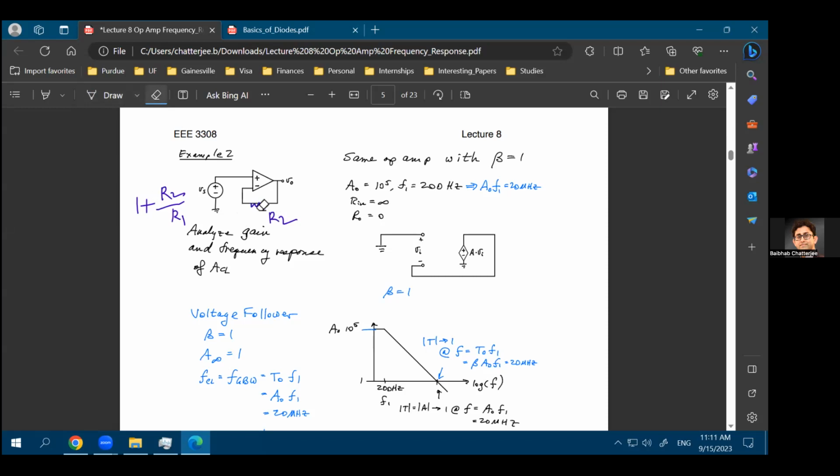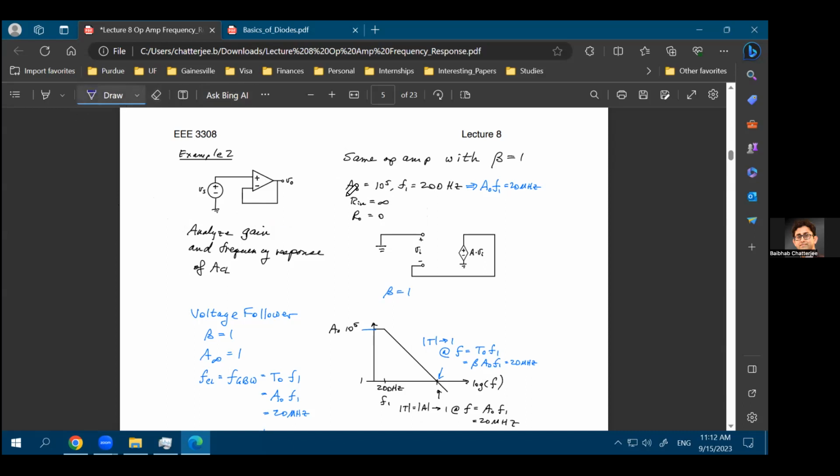Because R2 was not present at all, it is in series and it's not present, which means R2 is 0. So R2 is 0, R1 is infinite. What is the gain? Just 1. Okay. So that's the gain in this case, and that's why it's called a unity gain configuration or a voltage follower configuration.